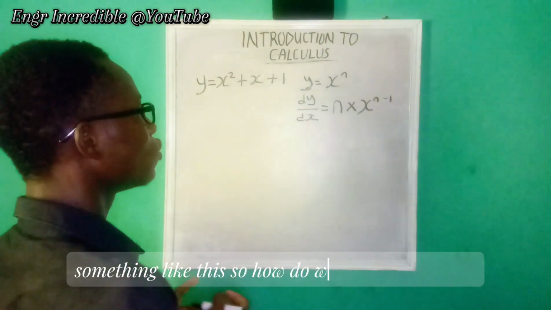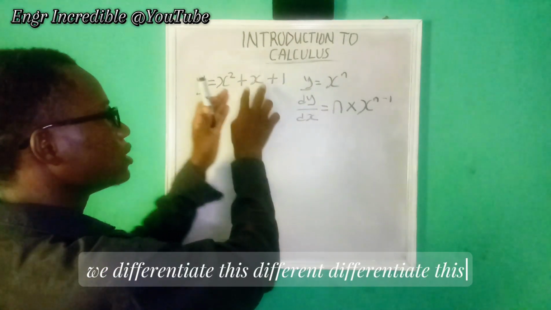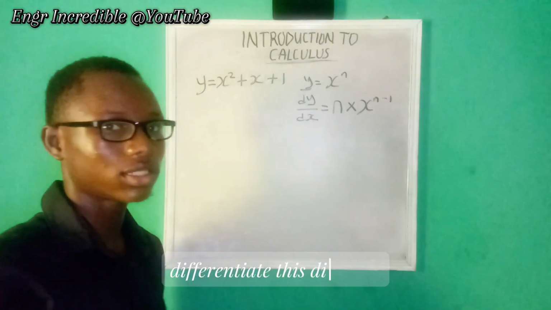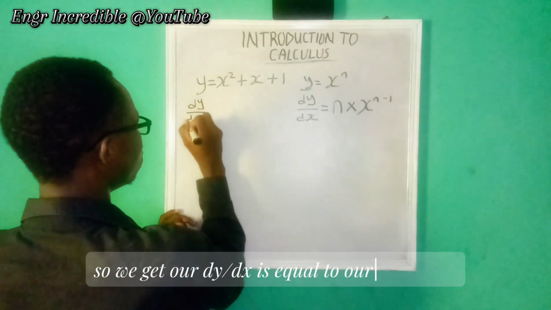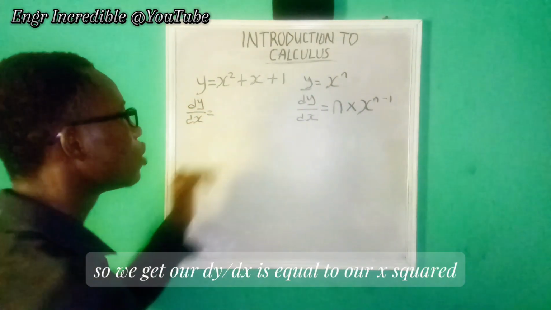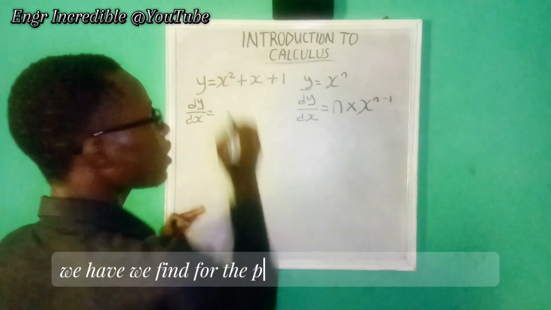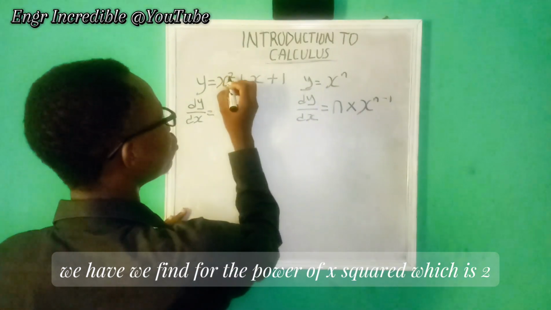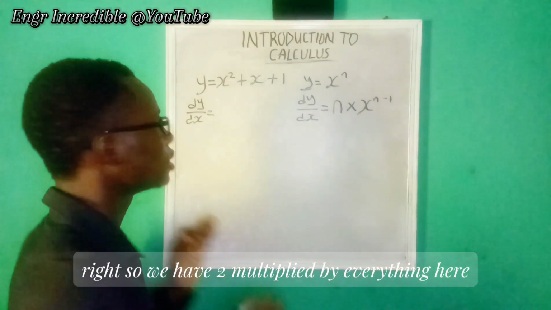So how do we differentiate this? We differentiate this differently, this differently, and this differently. So we get our dy dx is equals to our x squared. We differentiate it. We find the power of x squared, which is 2, right? So we have 2 multiplied by everything here.